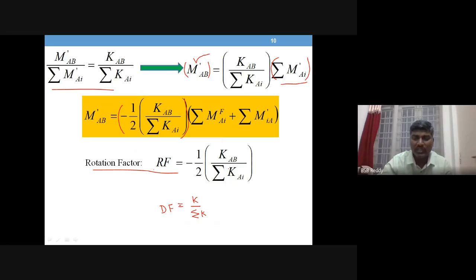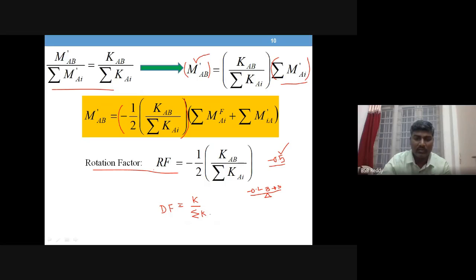Minus 1 by 2 times K by sigma K. So the total rotation factor at a joint shall be minus 0.5. Say you have two members at joint B: if BA rotation factor is minus 0.2, BC rotation factor shall be minus 0.3, and the total should be minus 0.5.